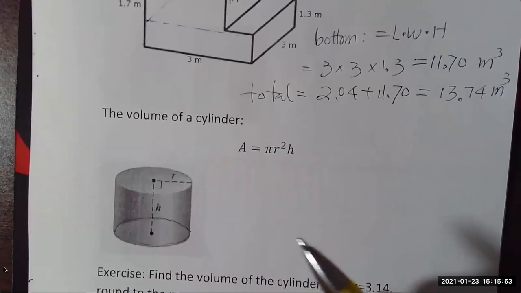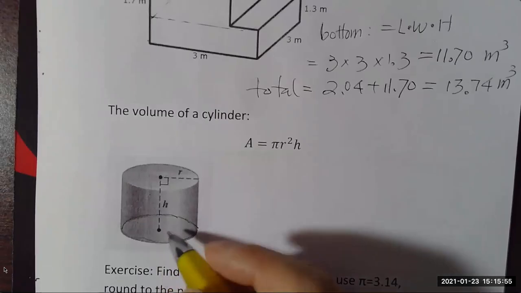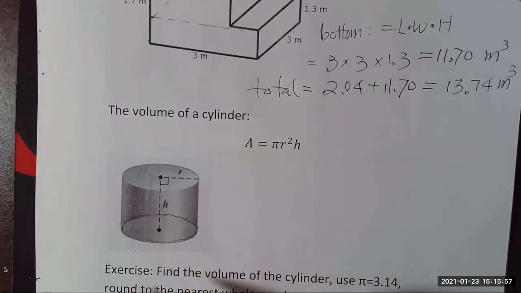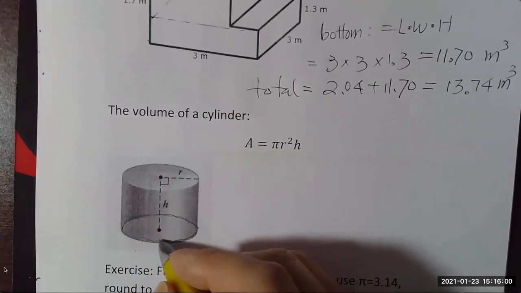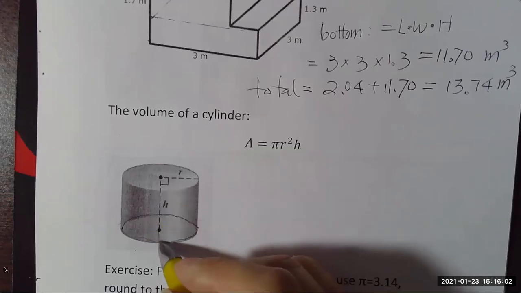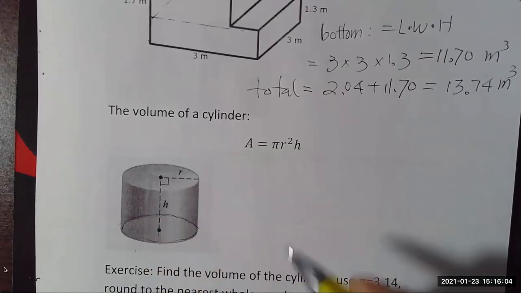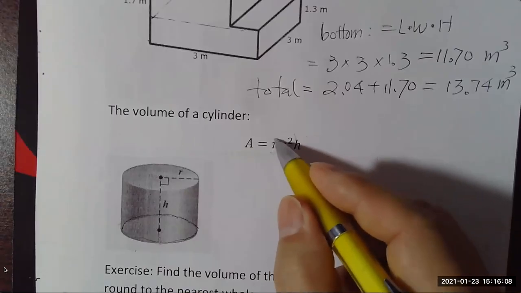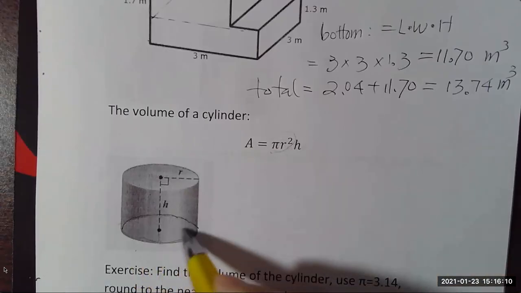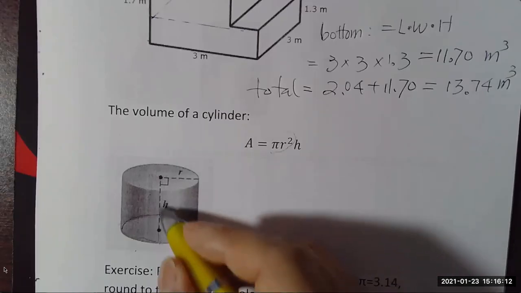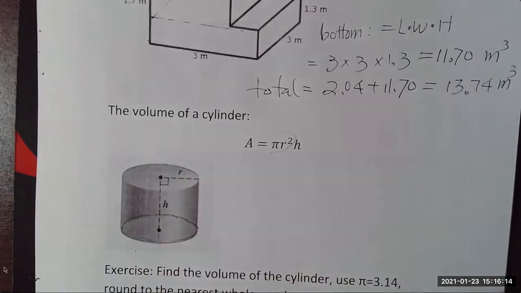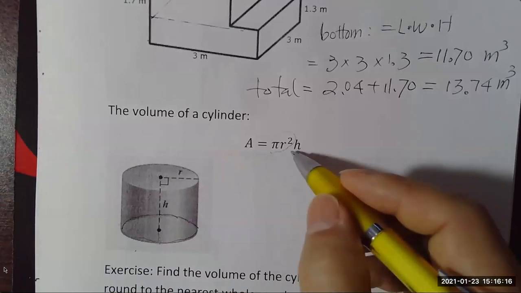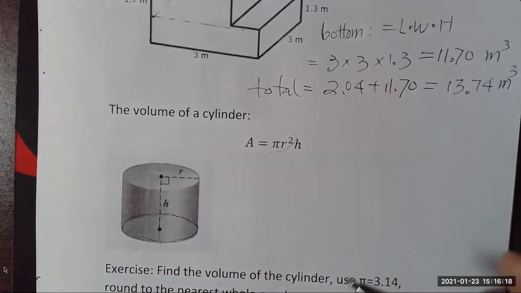Now you can view a cylinder as a flat circle growing bigger and bigger in the vertical direction, getting thicker and thicker, so you get a cylinder. That's why you start with a circle, pi r squared. This is the base area, and it grows taller, you get a cylinder, times height. The bigger the height, the bigger the cylinder, right?